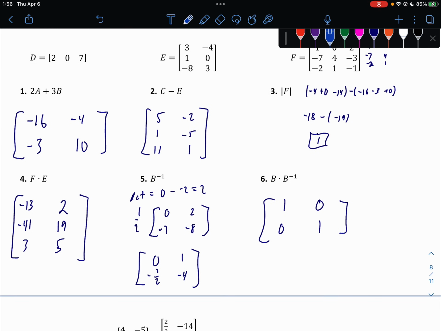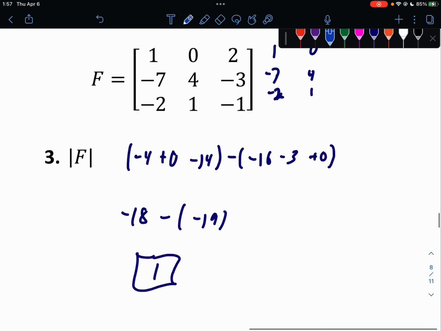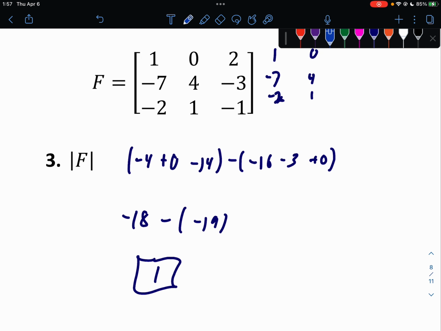Here are the first 6 problems, first 6 answers. I want to focus here on F for a second.